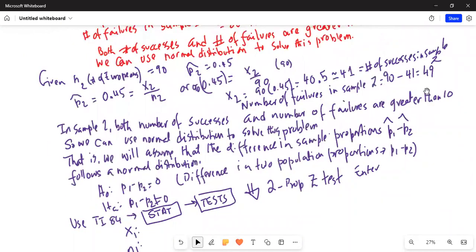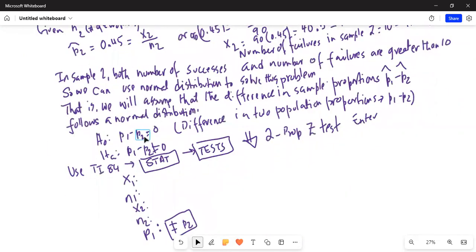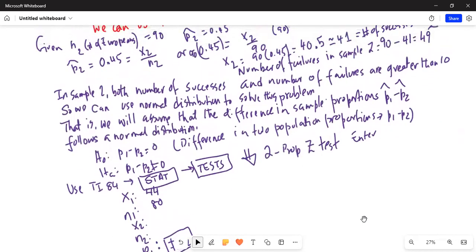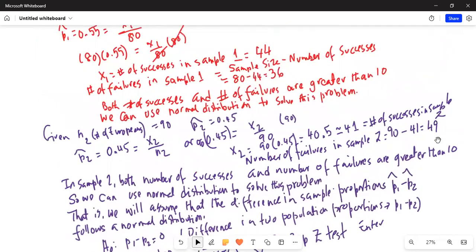So we write 44 for x1, and n1 is 80. Okay, and then again we move up.